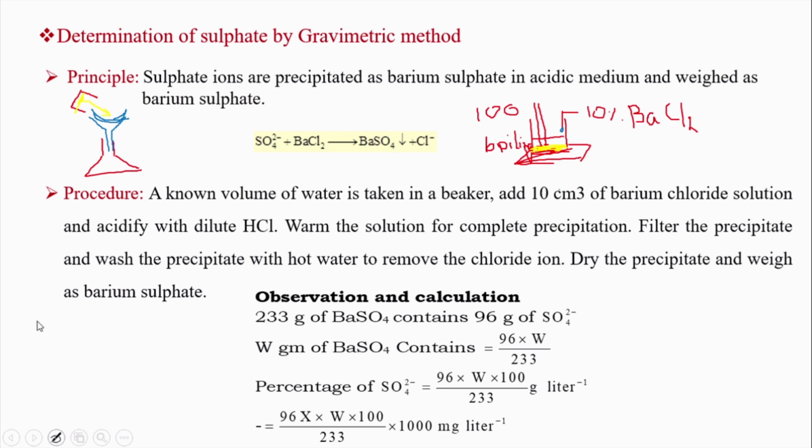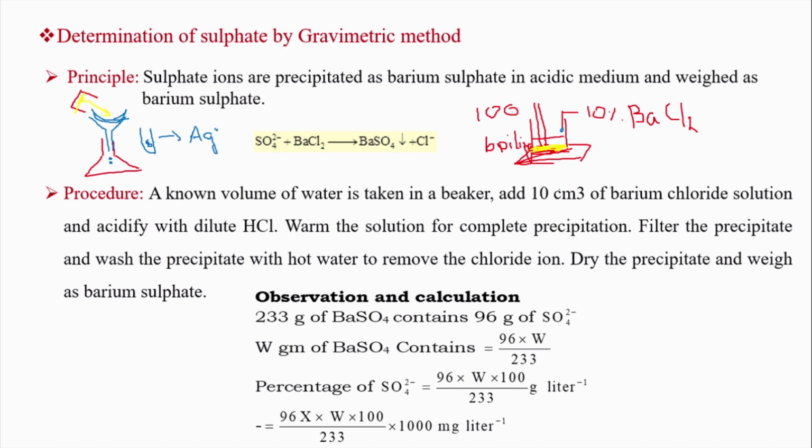Then we need to give sufficient hot water washings to this precipitate. If not, it will also have certain chloride ions, because the reagent is barium chloride. To check that the precipitate is free from barium chloride, the filtrate coming out should be collected in a small test tube, and 1 or 2 drops of AgNO3 added.